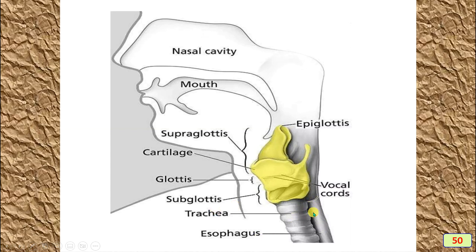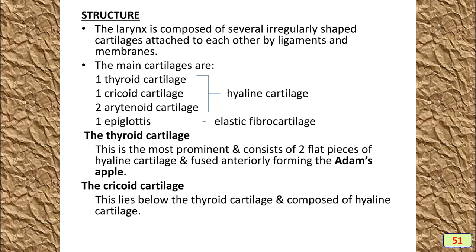The esophagus is a tubular structure, and vocal cords are required for producing sounds. And the epiglottis closes the esophagus or trachea accordingly: during respiration and while swallowing something, it closes the trachea. So it serves as a valve.